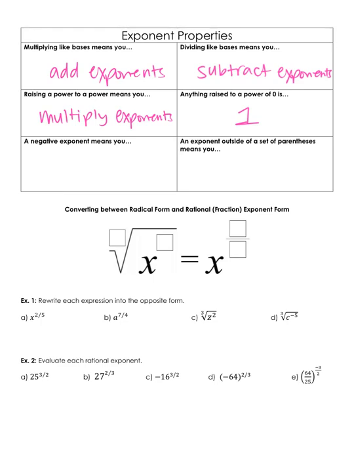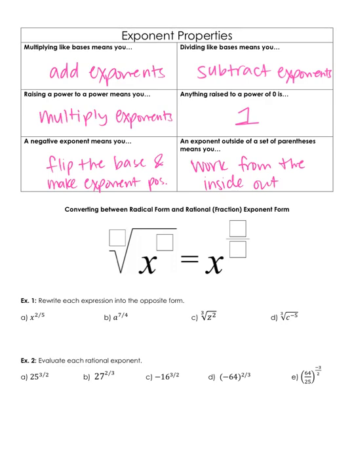A negative exponent means that you flip the base and make it positive. And then an exponent outside of a set of parentheses means you work from the inside out.